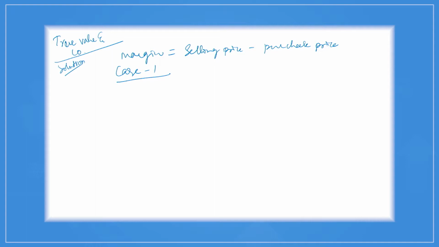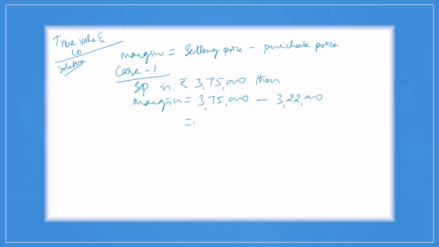For case 1, if the selling price is rupees 3,75,000, then margin equals 3,75,000 minus 3,22,000. That is, selling price is 3,75,000, purchase price is 3,22,000, then the difference is 53,000.